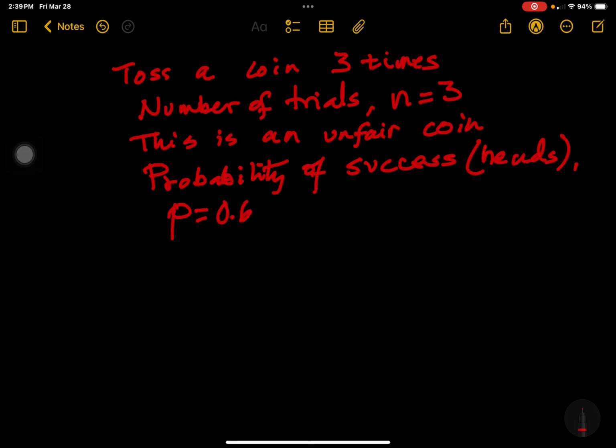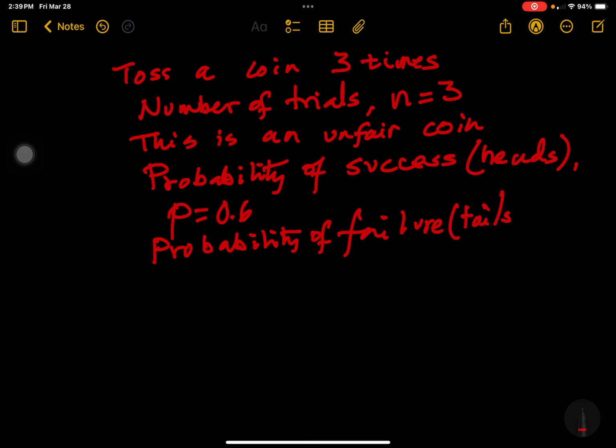Normally it is 0.5 for a fair coin, but this is an unfair coin. So the probability of failure, that is tails, is 1 minus p, which is 1 minus 0.6, is 0.4.